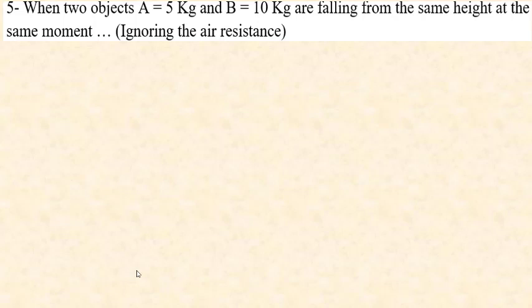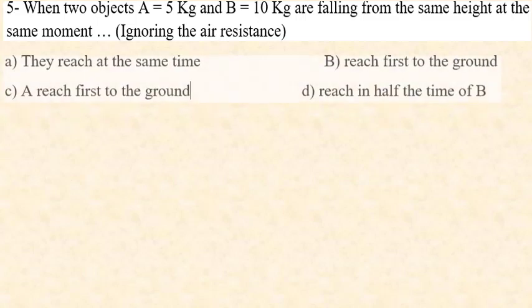Number 5. When two objects, A equals 5 kilograms and B equals 10 kilograms, are falling from the same height at the same moment, ignoring air resistance. This question is like number 2. They have different masses, so the mass is not a factor that affects the acceleration.